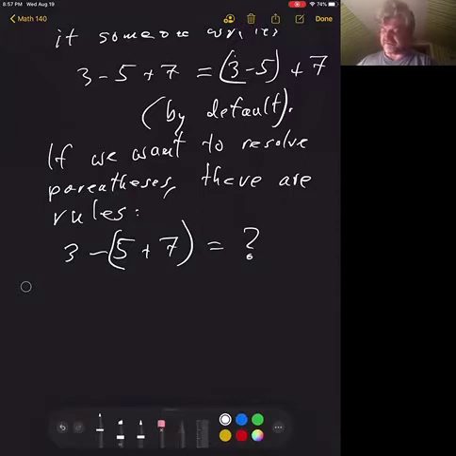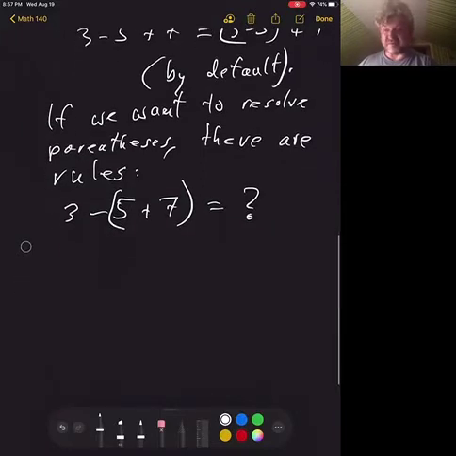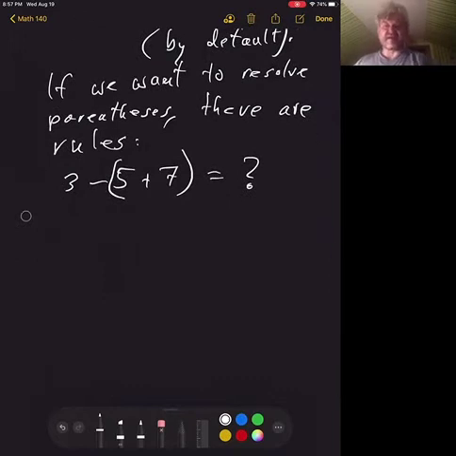If you're not quite sure, pause the video at this point, think for a second, and try to come up with a rule that works not just for this example, but for every example where you've got this pattern. You've got a difference, and what you're subtracting here is a sum in parentheses.